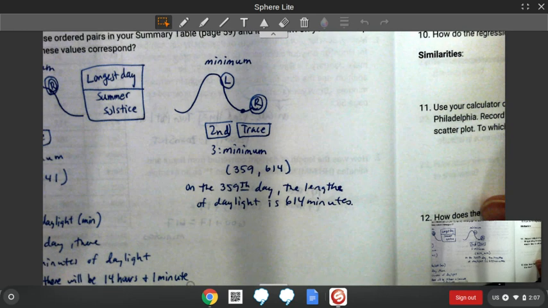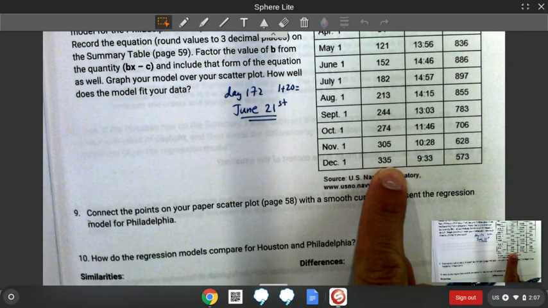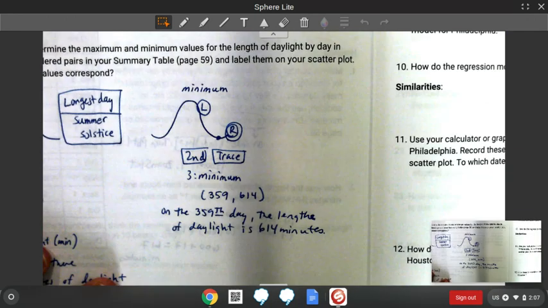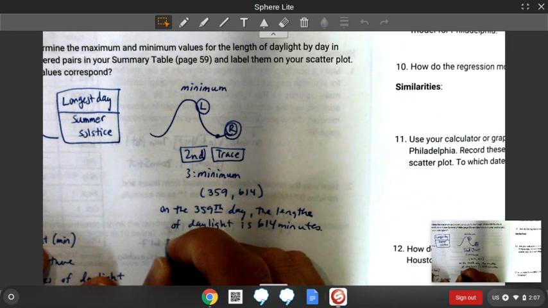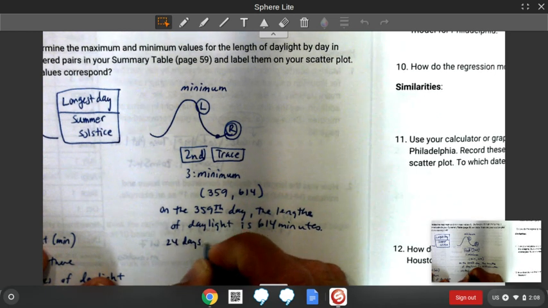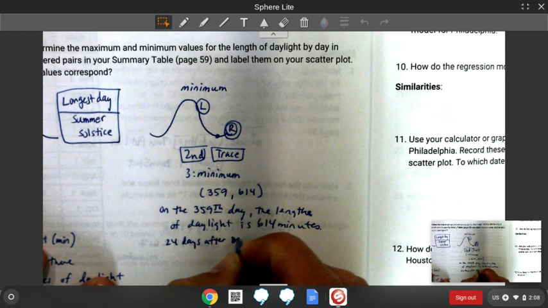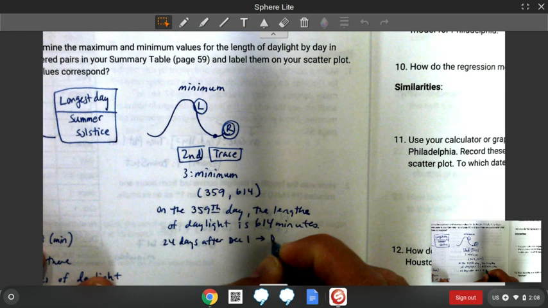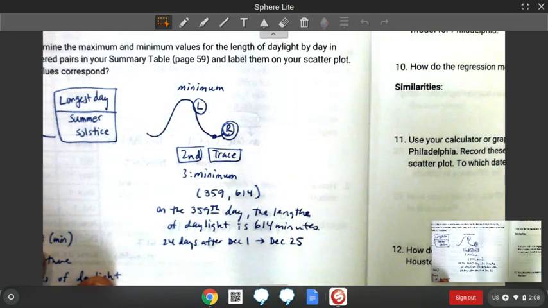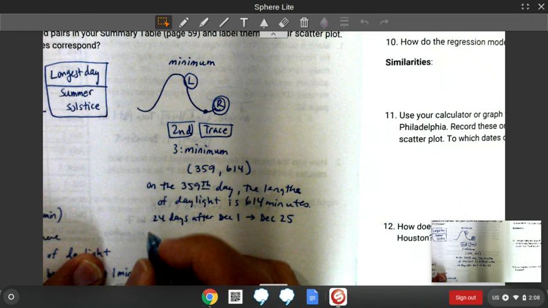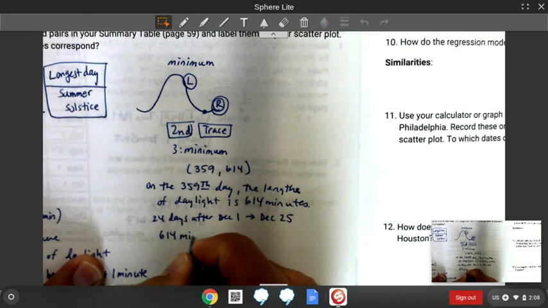359, that's somewhere in December because it's close to the end of the year. So I know December 1st is 335. 359 seems to be 24 days later. So 24 days after December 1st is going to be something that you should recognize, the 25th. 614 minutes.